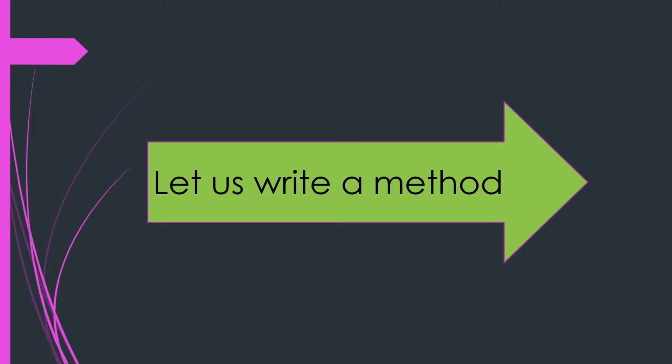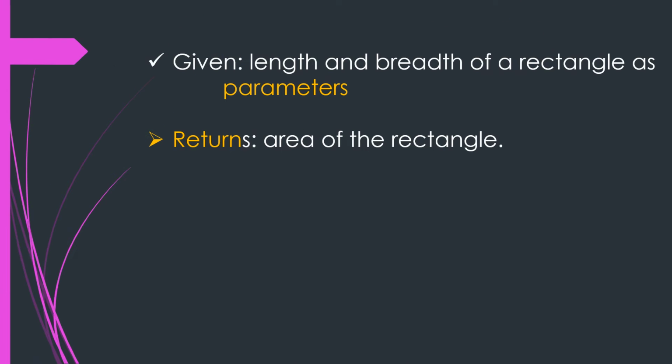Till now we have already understood about method and the various parts of a method like name, its return type, body and the list of parameters. Now let us see how to write a method with the help of an example. Here in this example, we are given the length and breadth of a rectangle as the parameters.